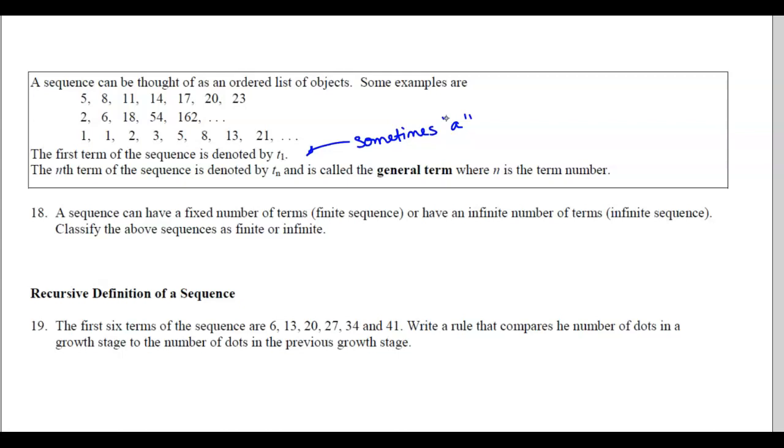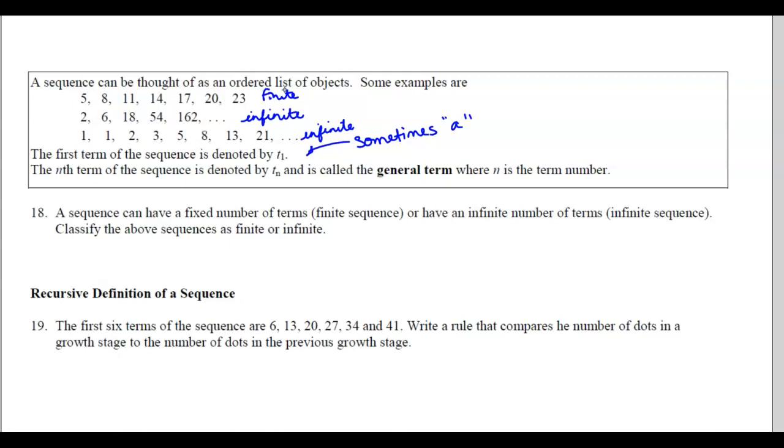So the hint is, if there are 3 dots afterwards, then it's going to keep on going. Okay, the pattern will continue. So these are infinite. And this is finite. It's stopping at 23. It's still a sequence, but it's just going to stop there.